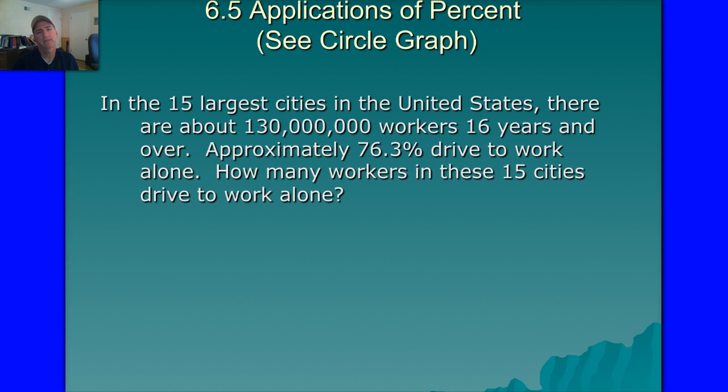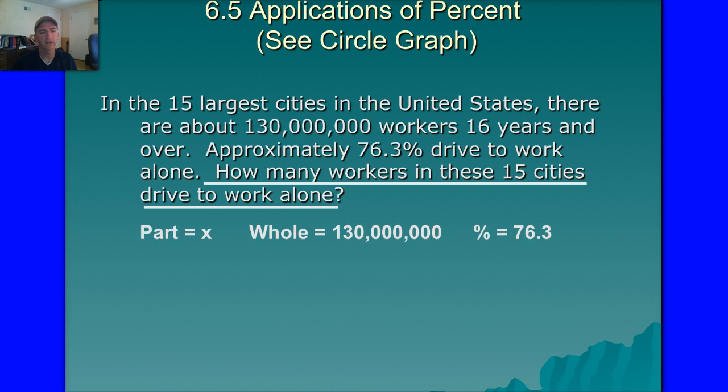It says in the 15 largest cities of the United States there are approximately 130 million workers 16 years and over. Approximately 76.3% drive to work alone. How many workers in these 15 cities drive to work alone? So that information came out of that graph, and that's what we're trying to find when we're done.